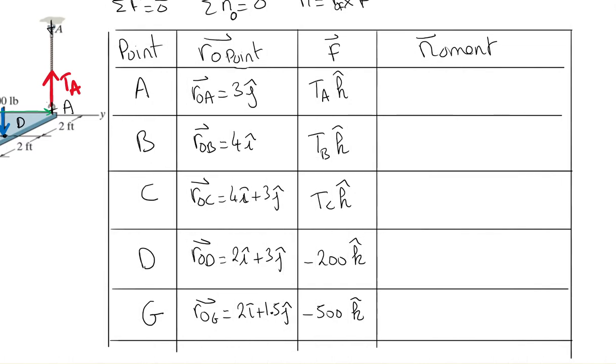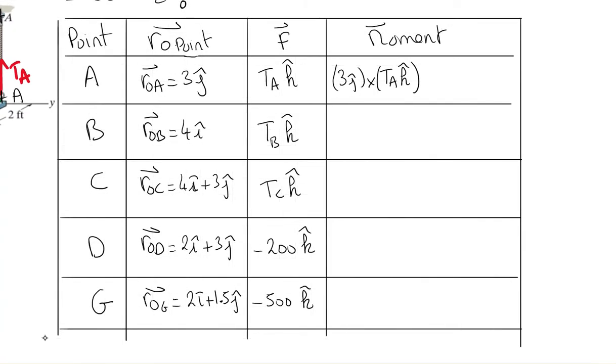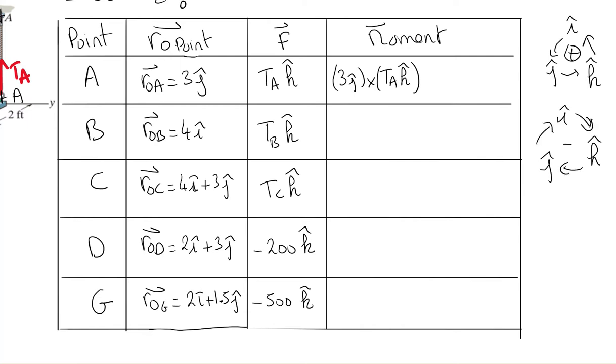Now the moment, it's R cross F. So it will be 3 J hat cross product TA K. Let's do my little triangle I J K. J cross K is plus I, so it's equal to 3 TA I hat.